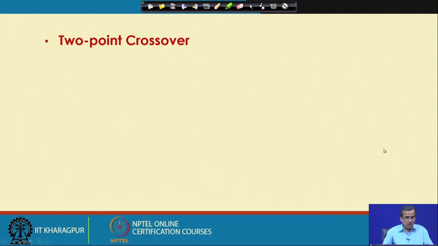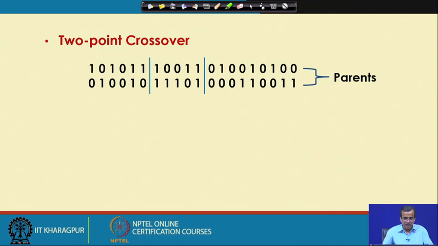Now, then comes the concept of the two point crossover. Here, we select two crossover sites, crossover site 1 and crossover site 2, once again at random, and the principle is very simple. The bits lying on the left hand side of the first crossover site and the bits lying on the right hand side of the second crossover site are kept unaltered, and the bits lying in between the two crossover sites are swapped.